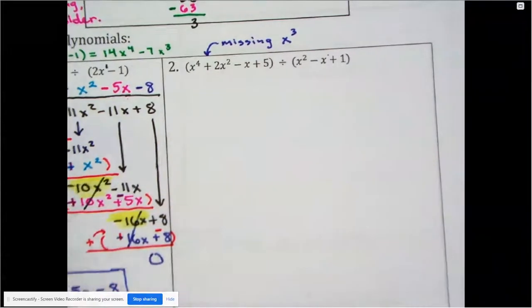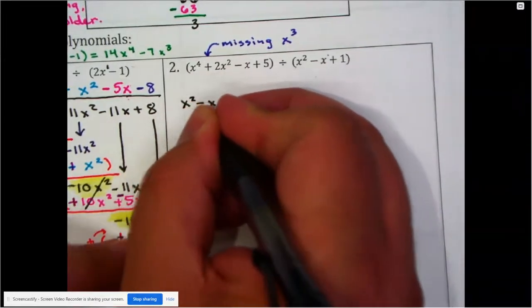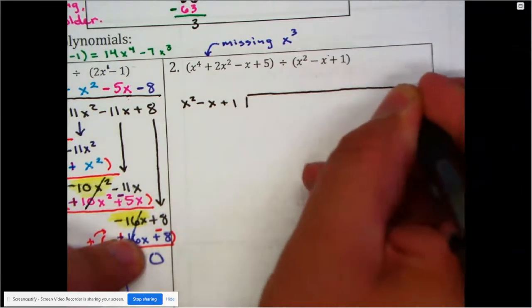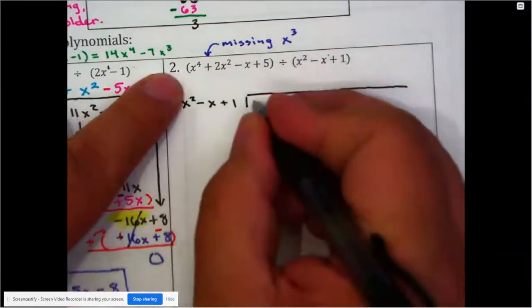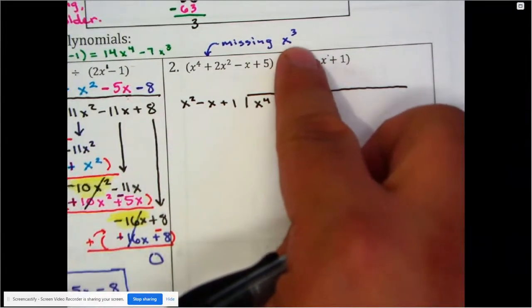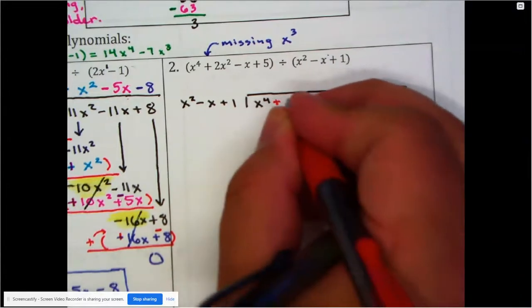So I'm going to write down my divisor here: x squared minus x plus 1. Here comes the little casita method. And I'm going to write in x to the 4th, but here's the one that was missing. Remember, we didn't have that x to the 3rd. So we're going to put a placeholder.